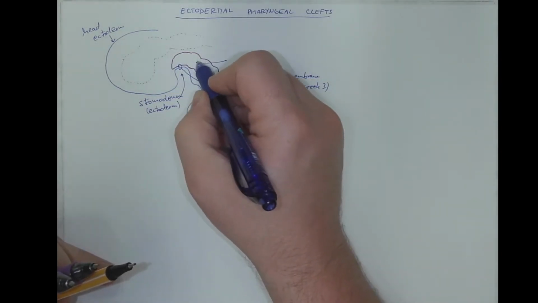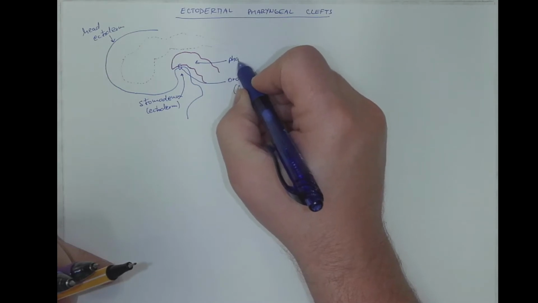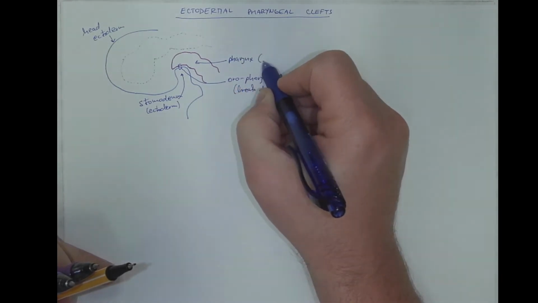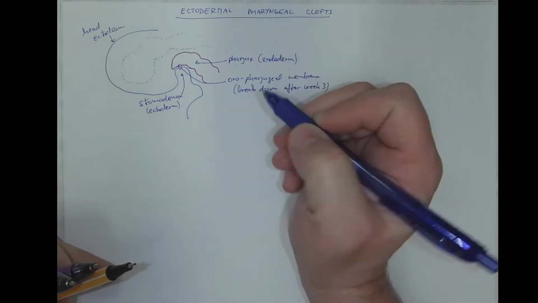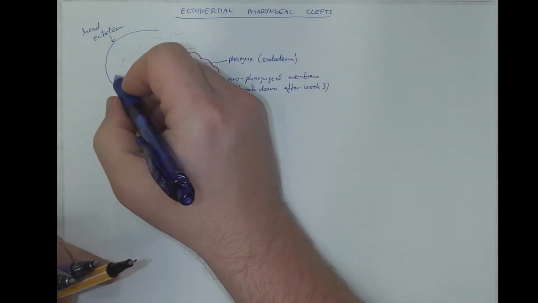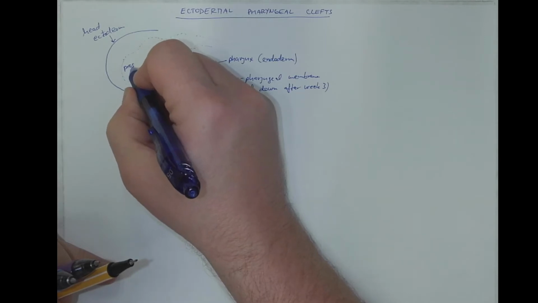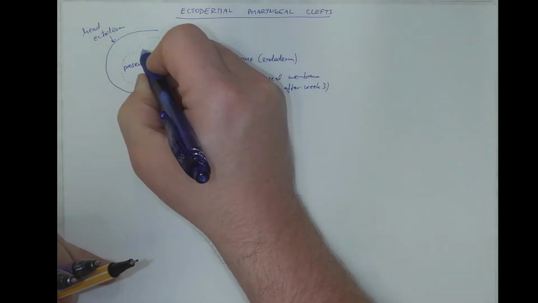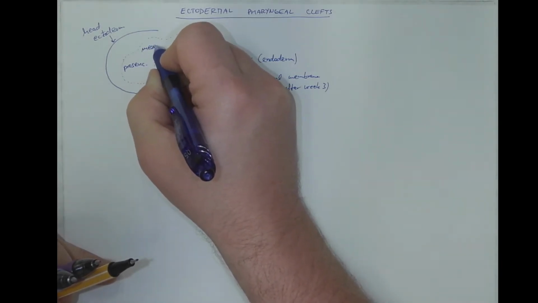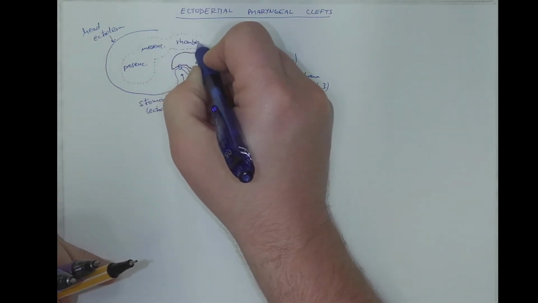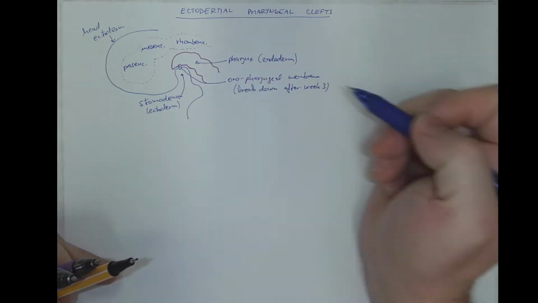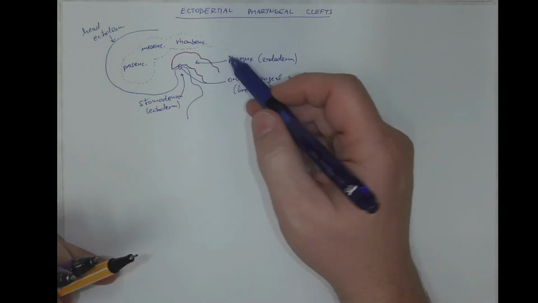This is already the pharynx lined with the endoderm. Here there will be the brain vesicles, the prosencephalon, the mesencephalon, and the rhombencephalon that have been already discussed in the development of the nervous system.